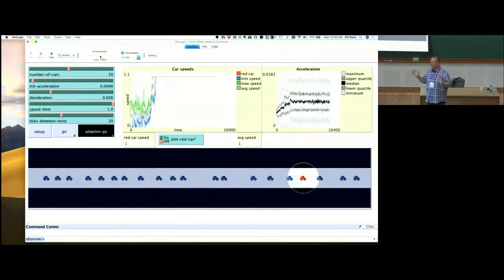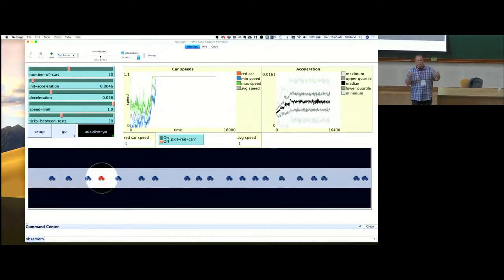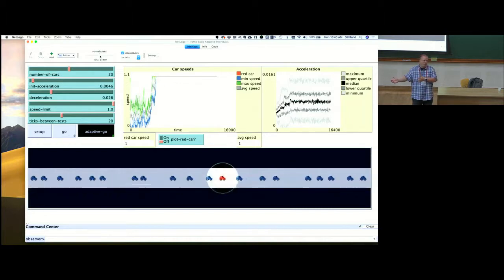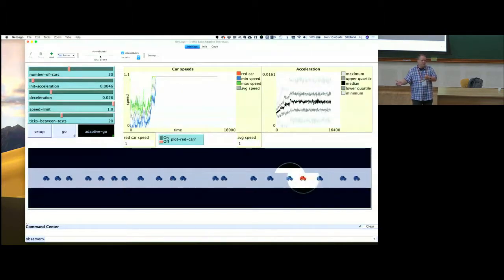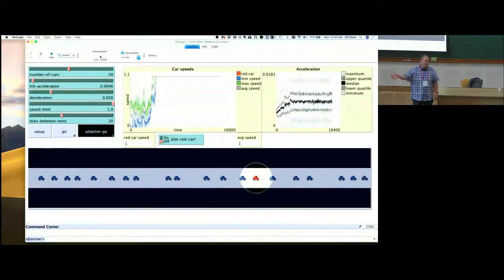So what's interesting and fascinating about this model to me is that the actual thing they're changing has little to do with the final outcome, right? In the final state, I could change all the acceleration values right now and it wouldn't matter, right? Because they're spaced out enough now that they're just never going to run into each other, right?